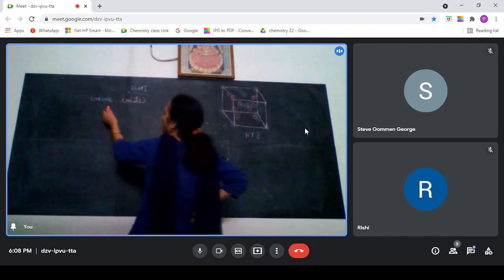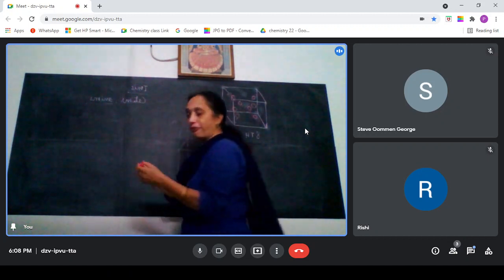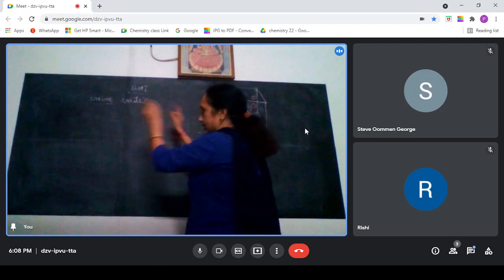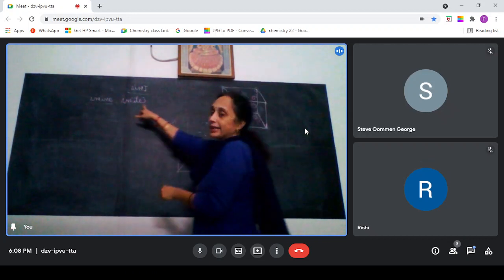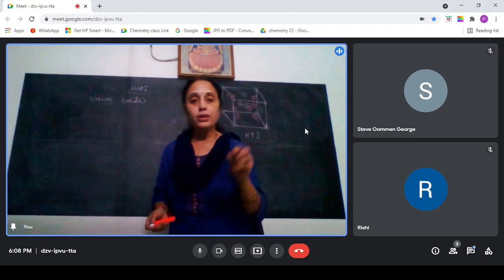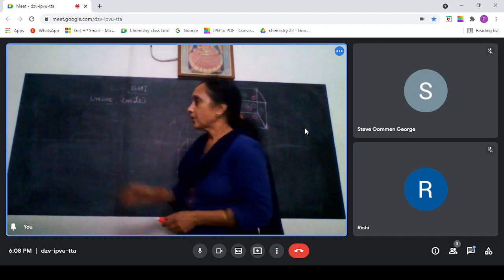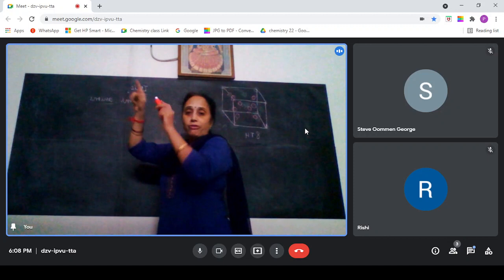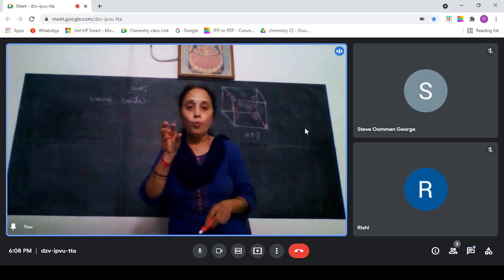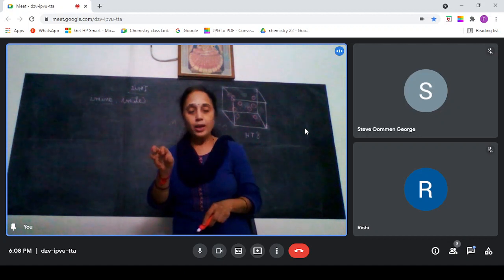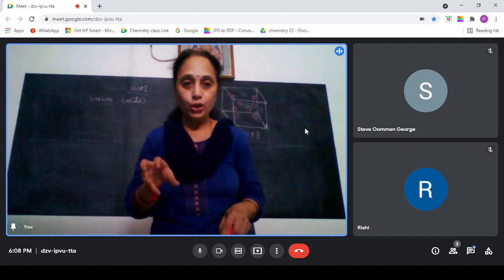So normally, anions will form the lattice. Anions will form the cube, and cations will occupy the voids. So anions will form the packing and cations will occupy the voids, because they are smaller.